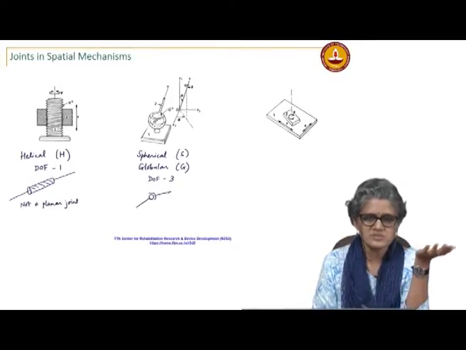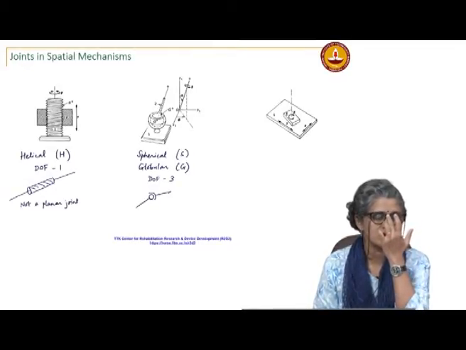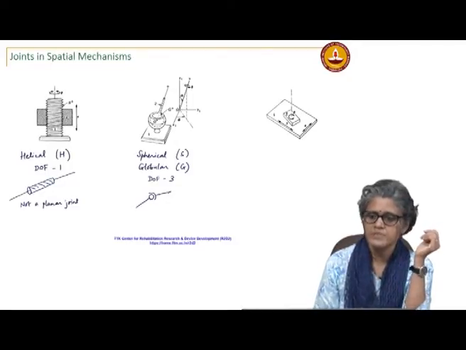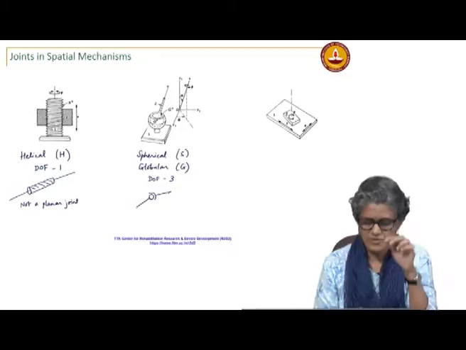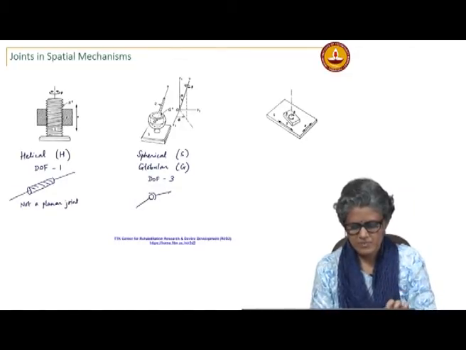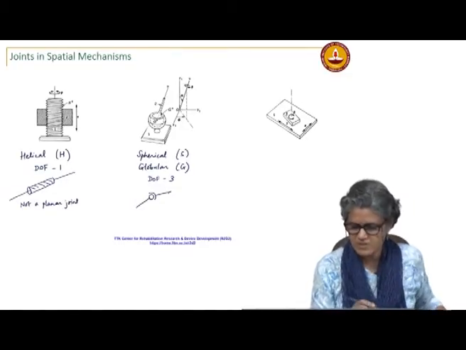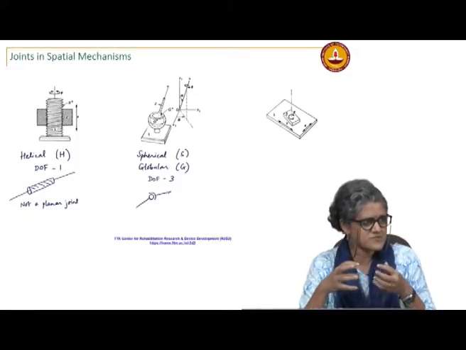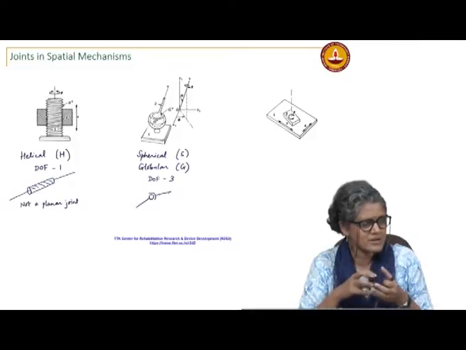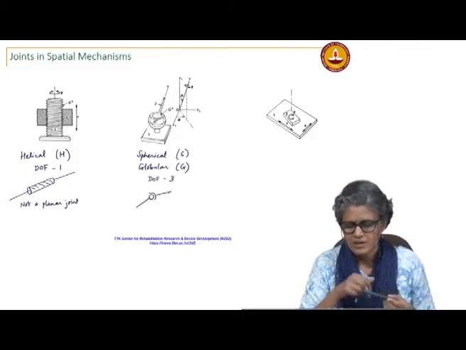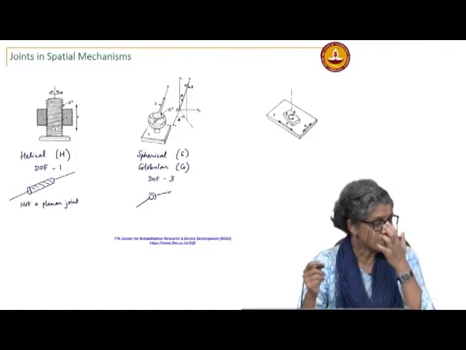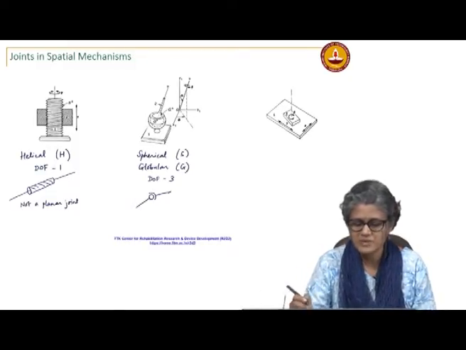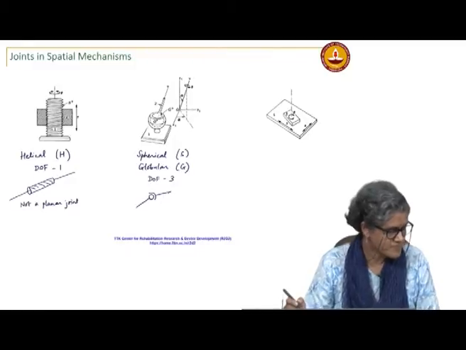Common examples you know, in the human body, your shoulder and your hip, are examples of a spherical joint, or nearly spherical, because in the human body you do not have a perfect sphere going into a perfect socket. In applications, do we use it somewhere? Yes, and I will show you lots of applications for spherical joints.